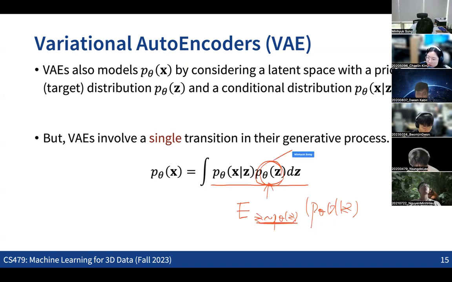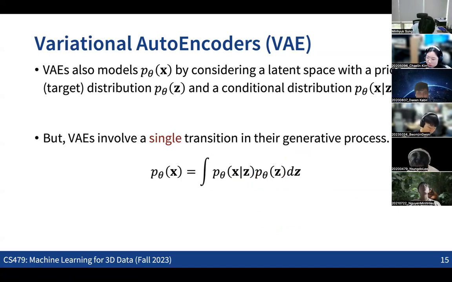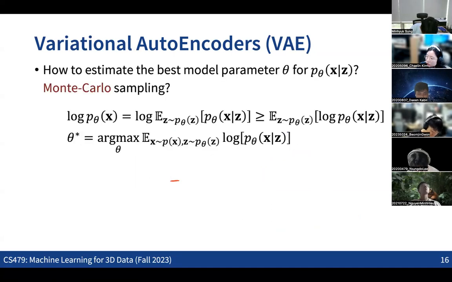This is a discretized version of computing this integral to compute the probability for each of the data samples. So that's what we have here.